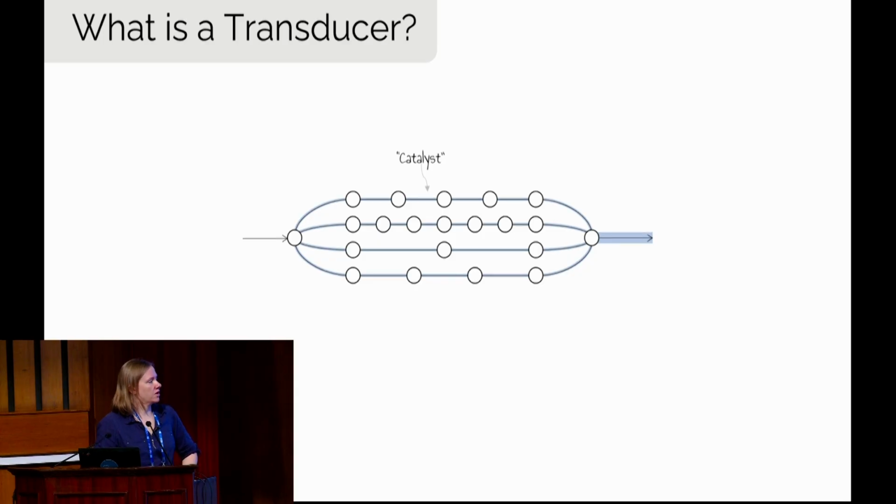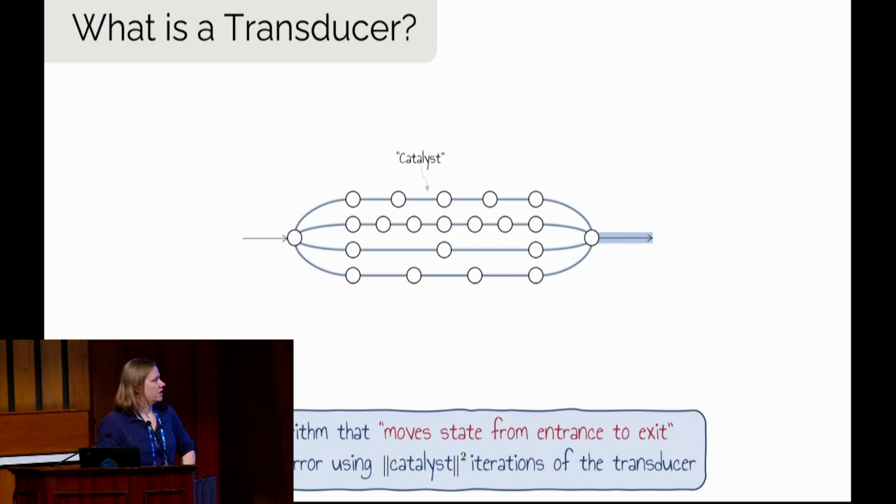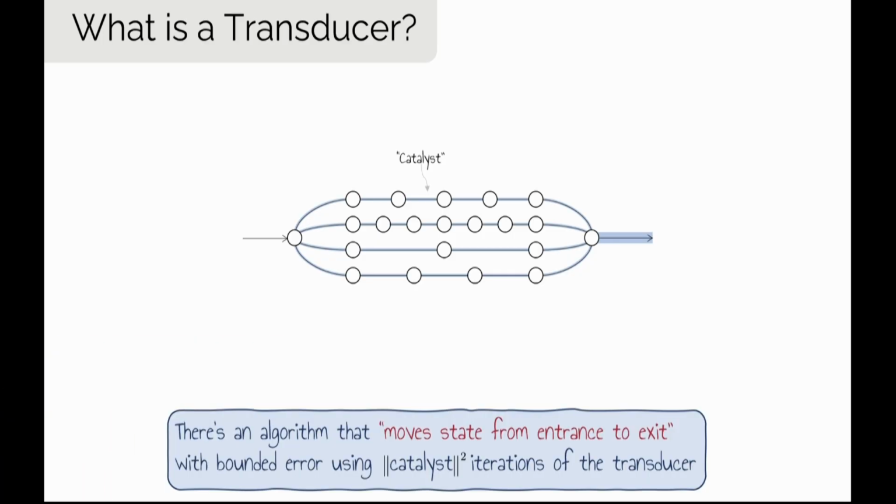Okay, but what does this mean operationally? Well, it turns out that there is a quantum algorithm that moves the state from the entrance to the exit with bounded error, using a number of iterations of the transducer that is the size of the catalyst. So it's the total amount of water needed in the catalyst, or, since ultimately the catalyst is going to be a vector, it's the squared norm of that vector.